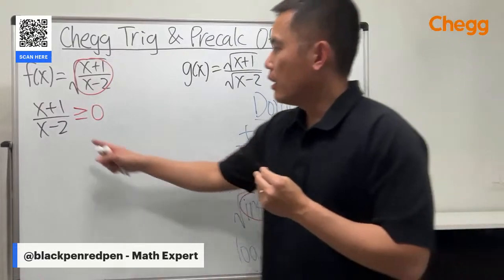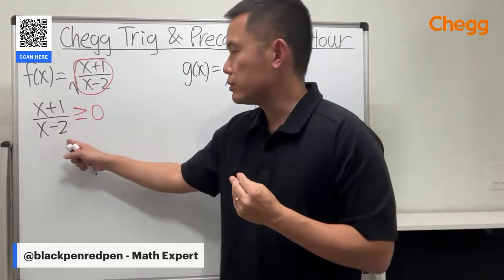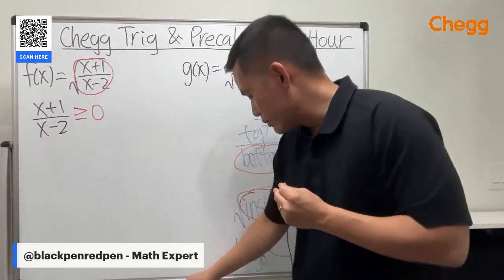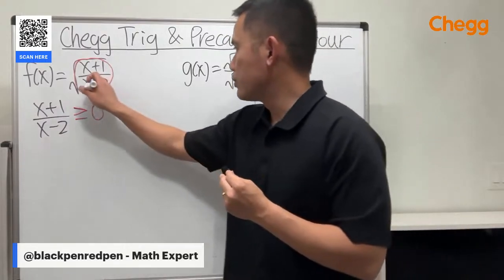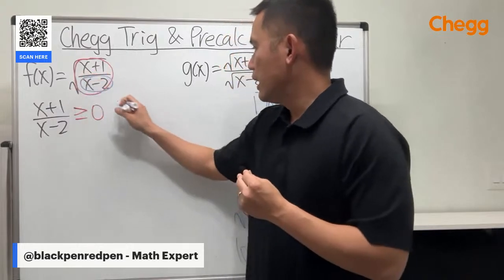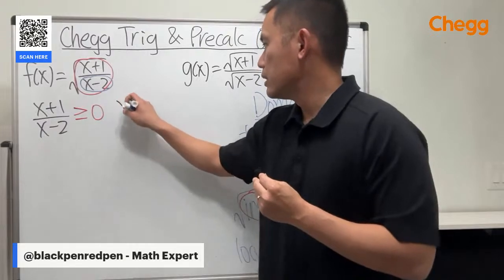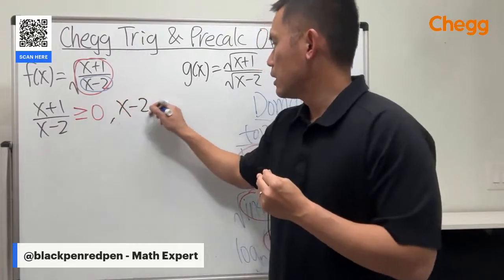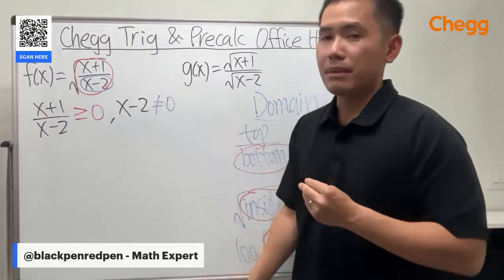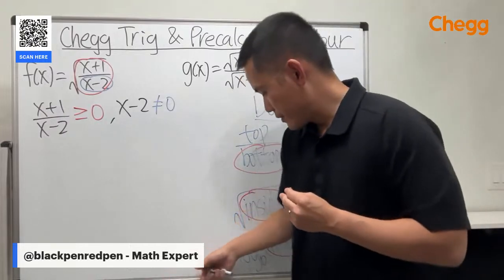And of course, because we have the x minus 2 on the bottom, we will also have to say x minus 2 cannot be equal to 0. Keep that in mind.